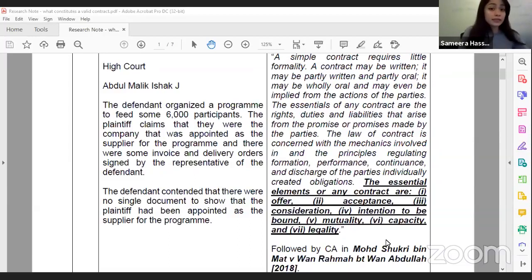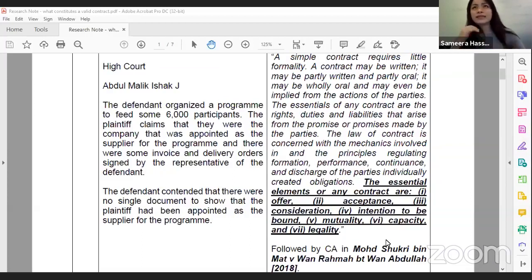I'm not saying that's wrong at that material time, because that is how the syllabus works, and that is how we are designed to answer the questions, because they need to see that students understand that there's an offer, there's an acceptance, and so on. But in real life, it's completely different.